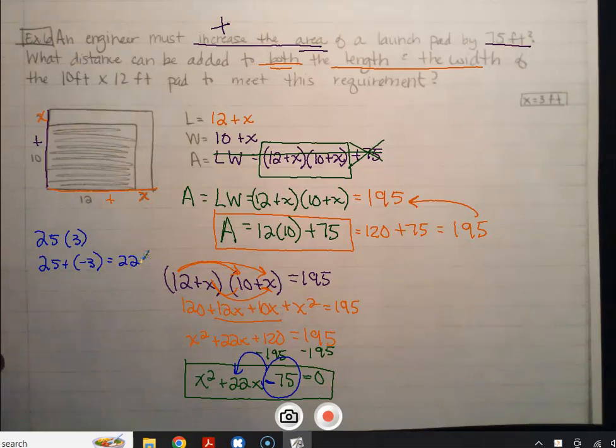Okay, so remember, bring this over here for a minute. I'm going to have x. We split that x squared up when the coefficient is 1. x plus 25 times the quantity x minus 3 equals 0.